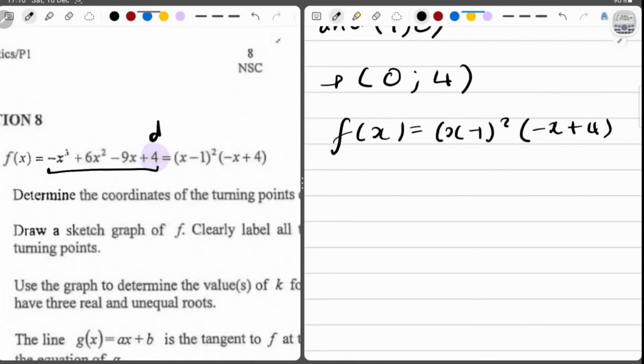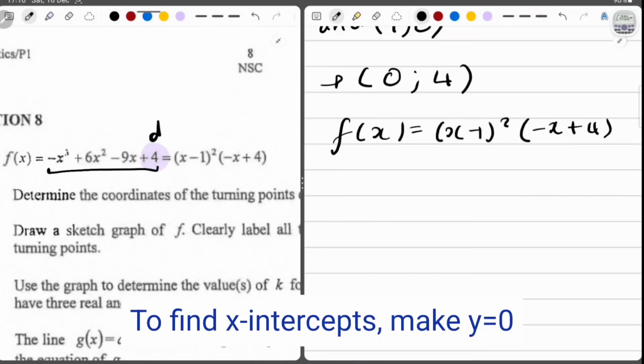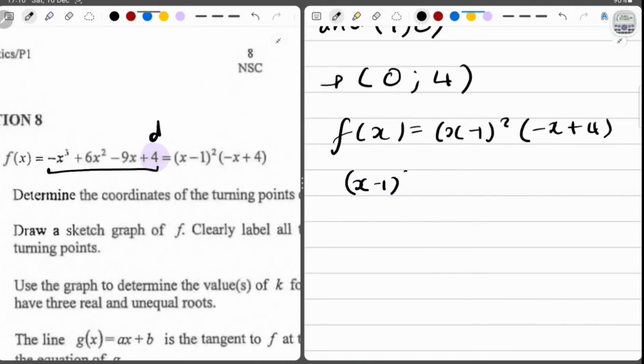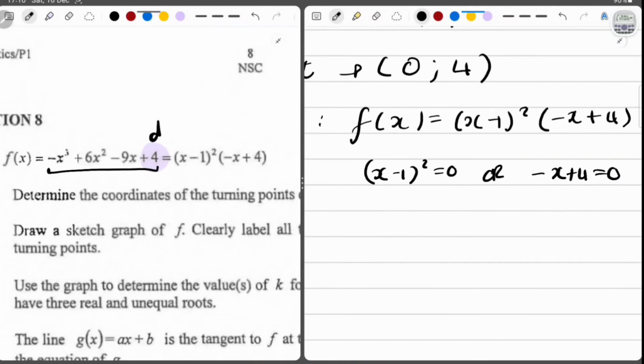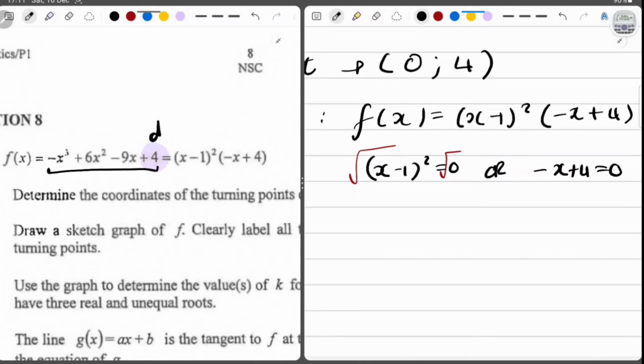To find the x-intercepts, we're just going to set these brackets equal to 0. So I'm really just saying that (x minus 1) all squared is equal to 0, or negative x plus 4 is equal to 0. For the 0, you can square root both sides. You don't even need to say positive or negative because 0 is neither positive nor negative.